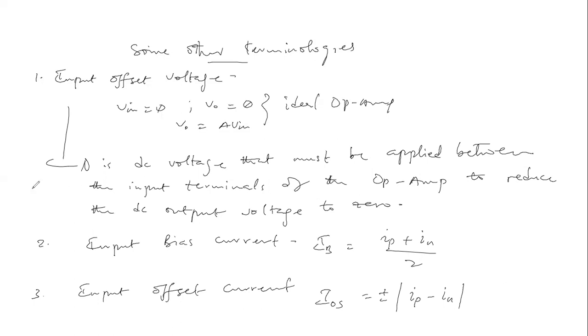Then some other terminologies are the input common mode linear range. And this is the maximum positive or negative voltage that can be applied to the op-amp inputs and still have a linear circuit operation.